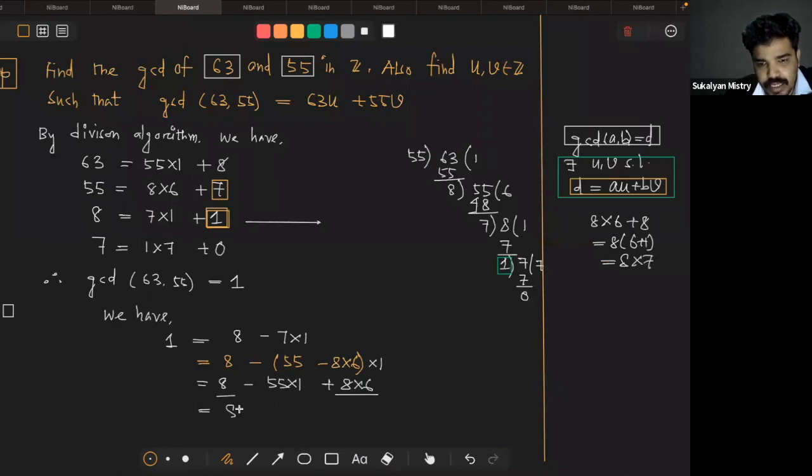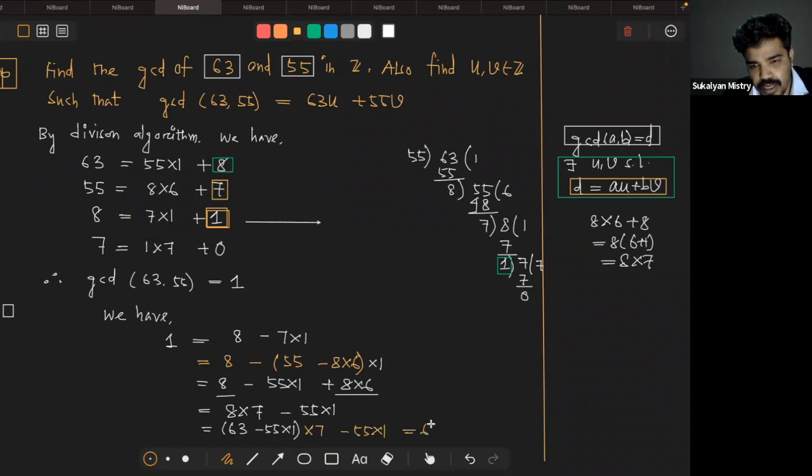So 8 into 7 minus 55 into 1. এবার সবসময় রিমাইন্ডারের ভ্যালুগুলো পুট করবে, এবার 8 এর ভ্যালু পুট করো, so 8 is equal to 63 minus 55 into 1.